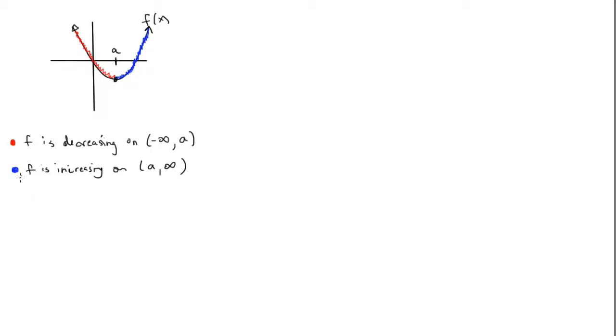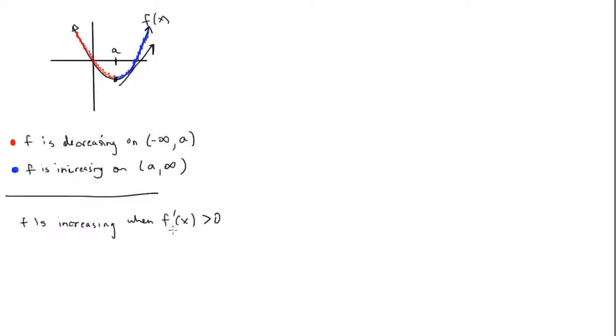Our definition for increasing and decreasing is: f is increasing whenever the derivative is positive. Back to our function over here, that makes sense because for the blue stuff, where we said it was increasing, if I drew tangent lines, they would have a positive slope.